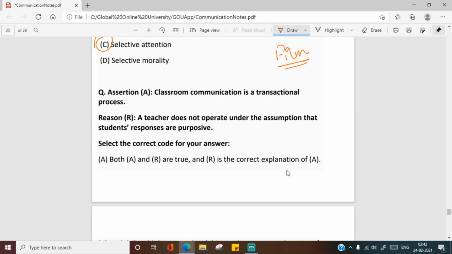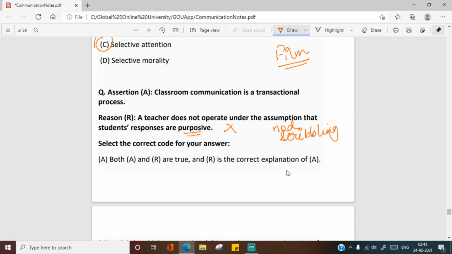So they are saying the teacher does not operate under the assumption that students' responses have a particular purpose. So here this is the wrong answer because the opposite is true. Teacher operates under the assumption that students' responses are purposive. Like if the student is nodding, it means that they are understanding. If they are scribbling on the book, this means that there is some problem.